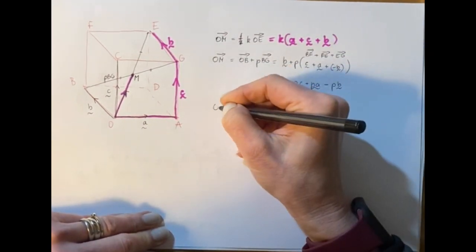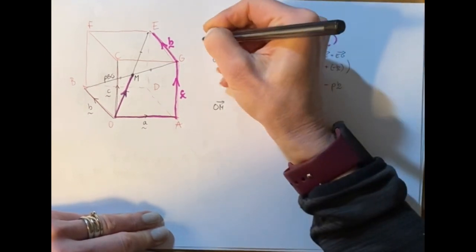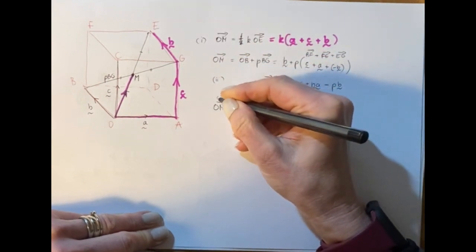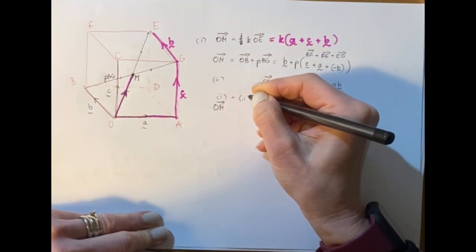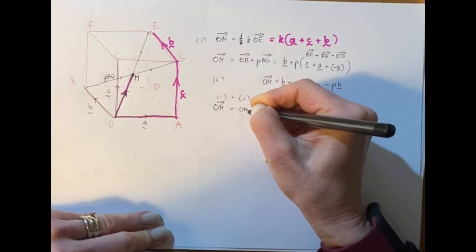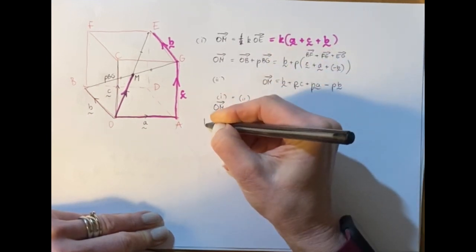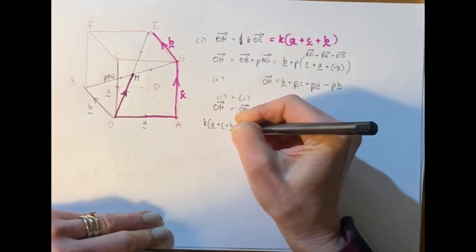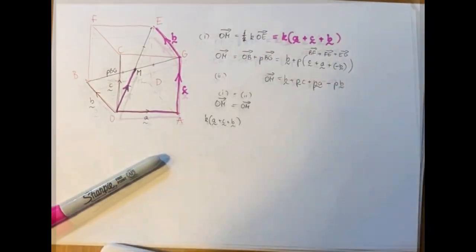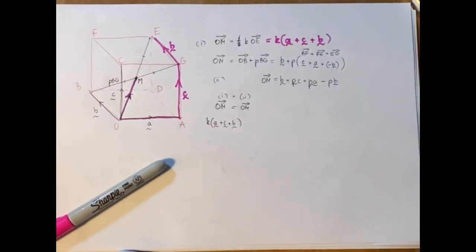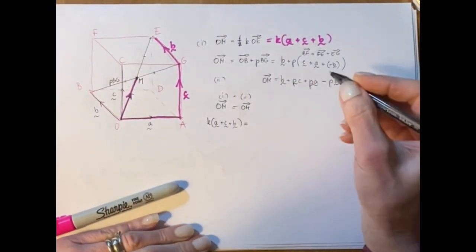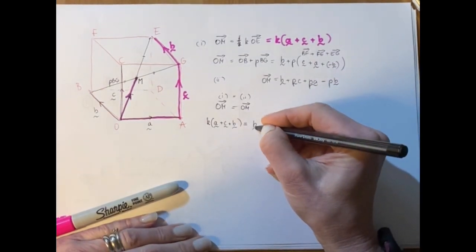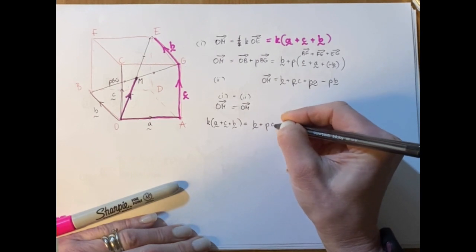Now I know that OM from the first equation must be the same as OM from the second equation. So this is equal to K A plus C plus B equals, let's gather these together. So it's, well, let's copy that and then tidy it up.